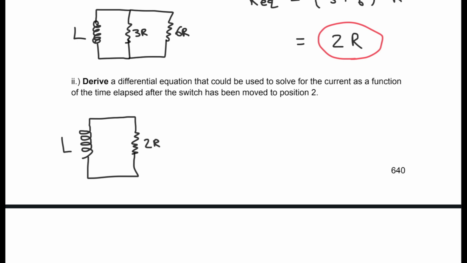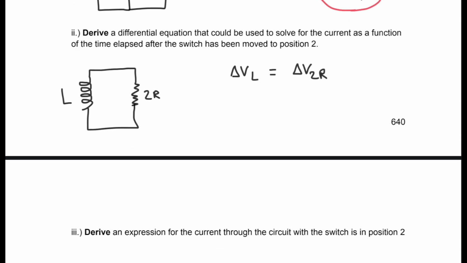So in this case, we know that the delta V across the inductor has to be the same as the delta V across the 2R resistor. So then we can just apply Ohm's law to this situation and get negative L di/dt as our inductor voltage is equal to I times 2R.